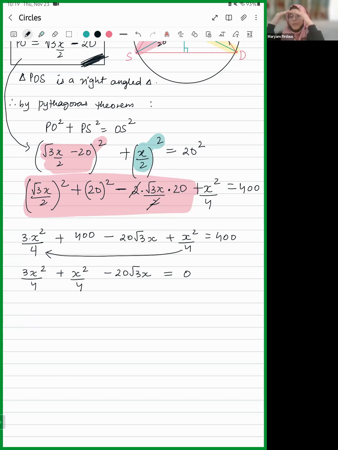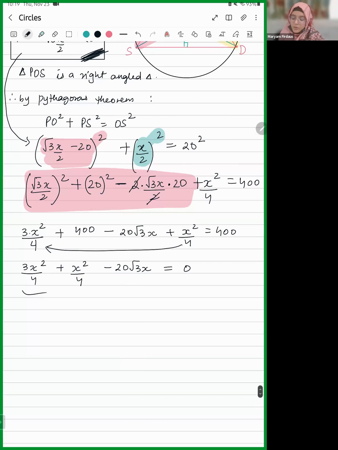Take a look at it and tell me if you understood or not. Abdul Jabbar, what happened today? You're so quiet. Understood till here or not?